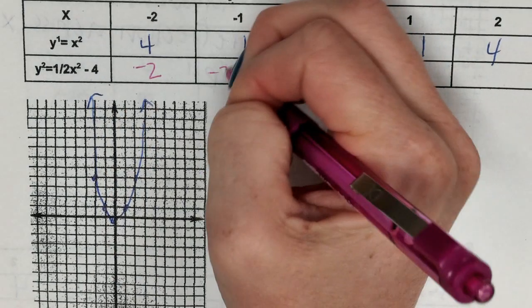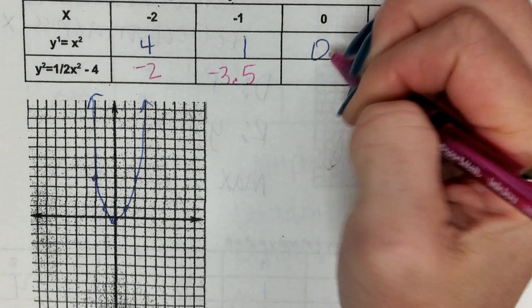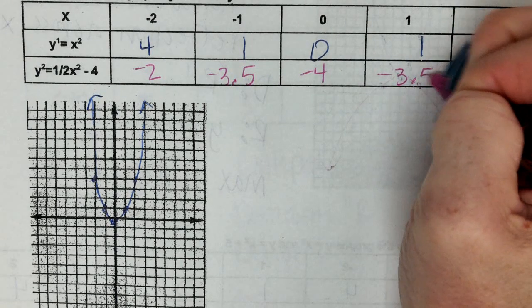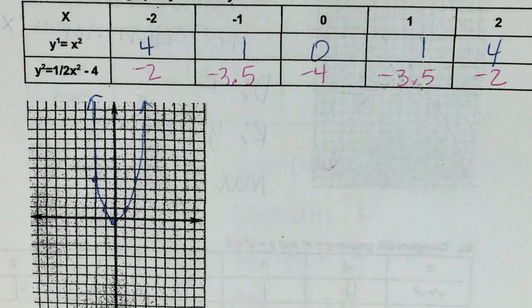Negative 2, negative 2. Okay, once you have your table, go ahead and graph it.